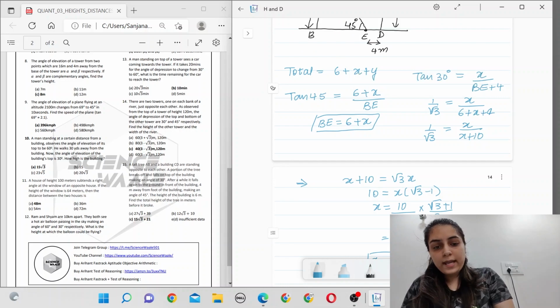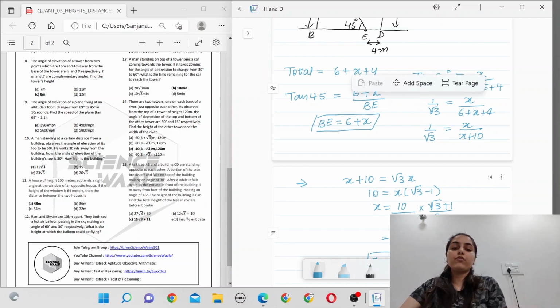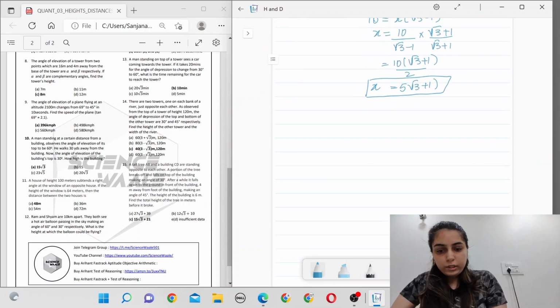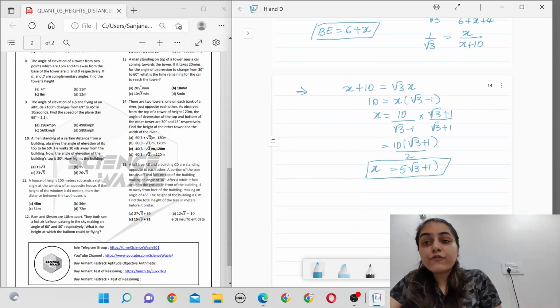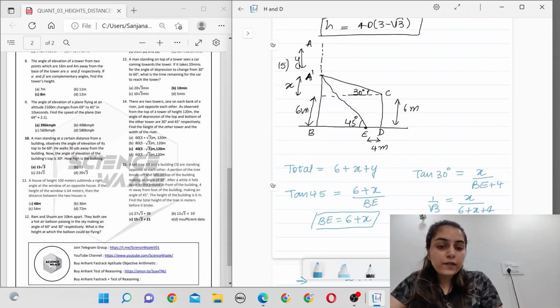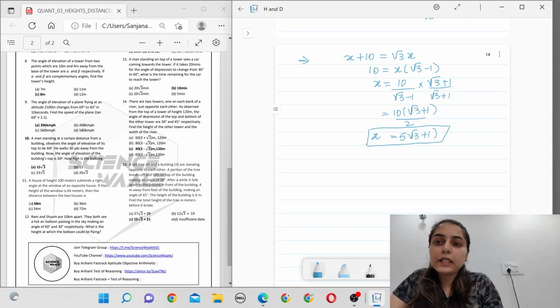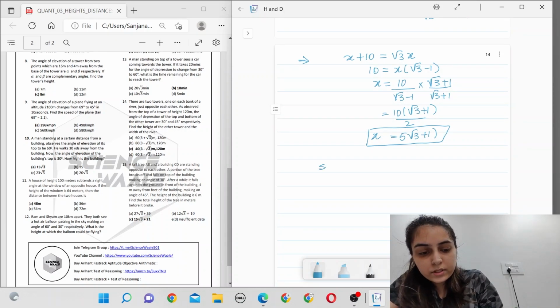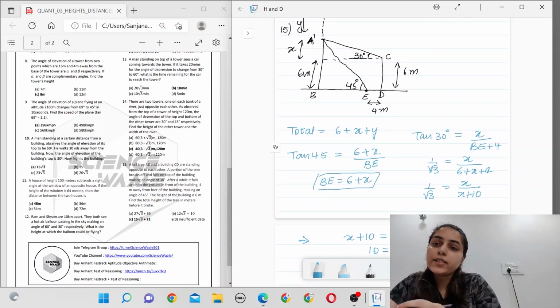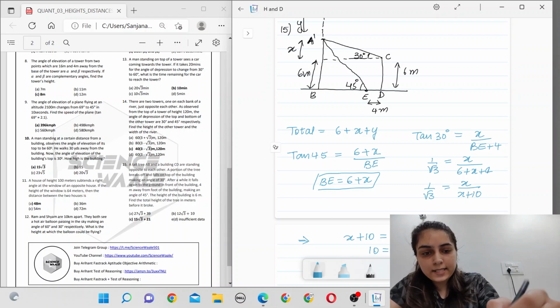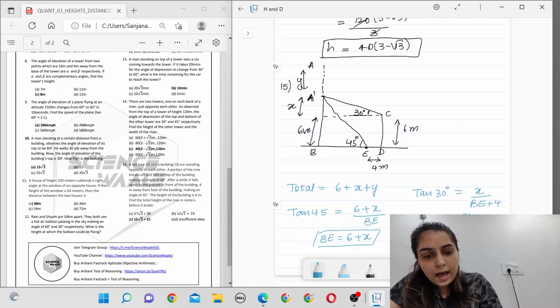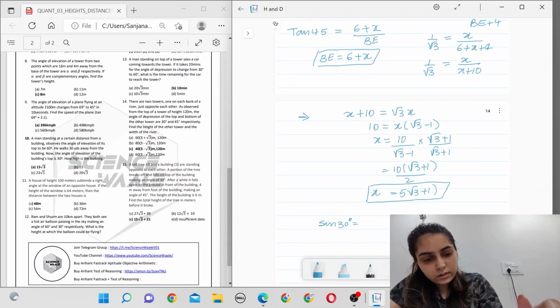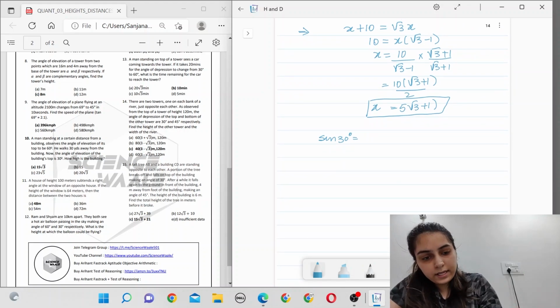So here we know X, 6, we know X. We have to find Y. So if we observe it carefully, if we take sine 30, we will be able to find Y. So sine 30 is opposite side by hypotenuse. So opposite side is X and hypotenuse is AC.